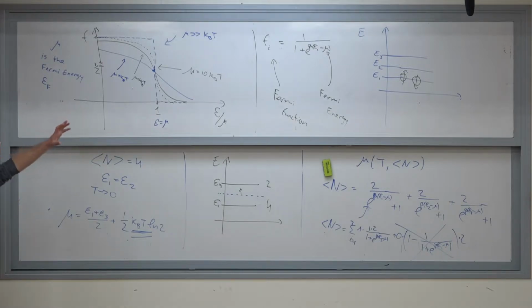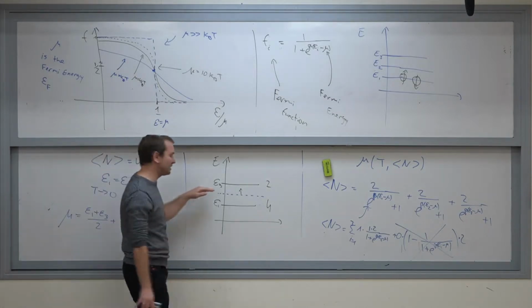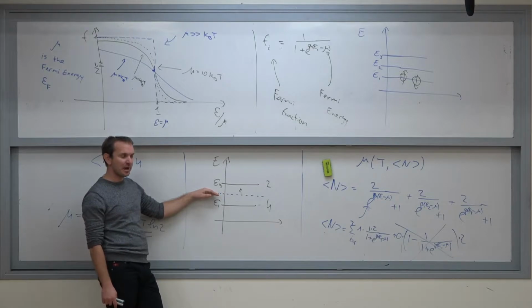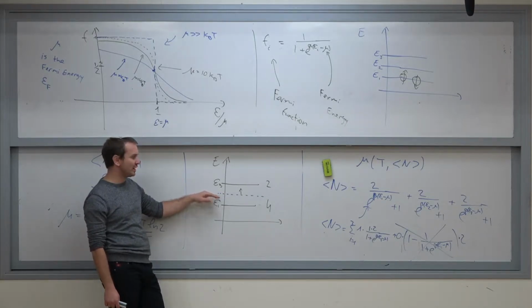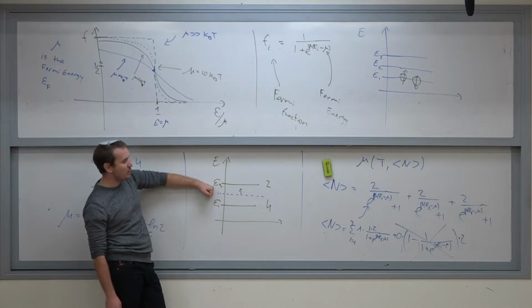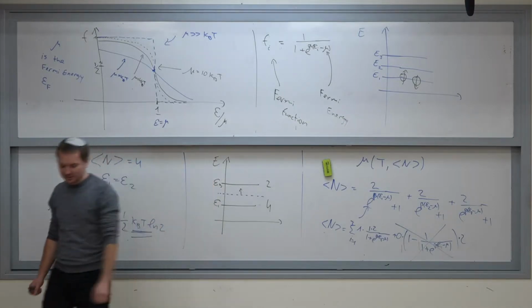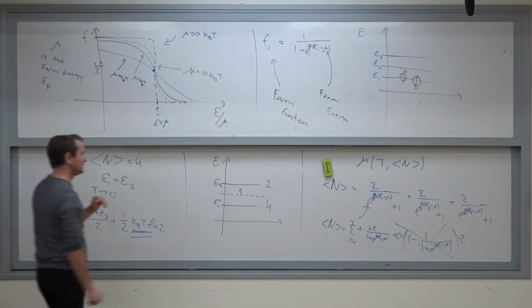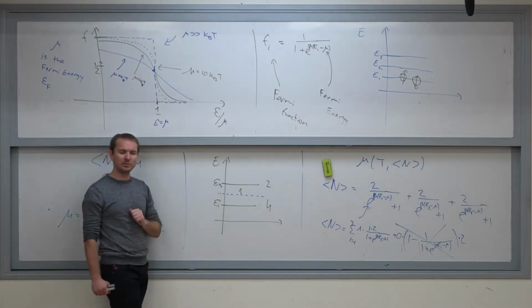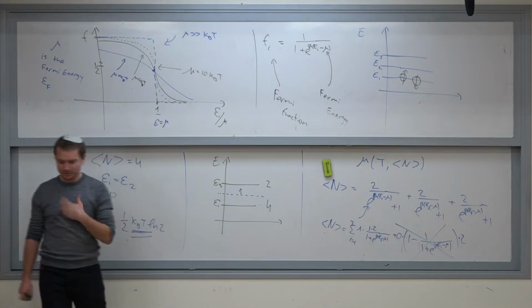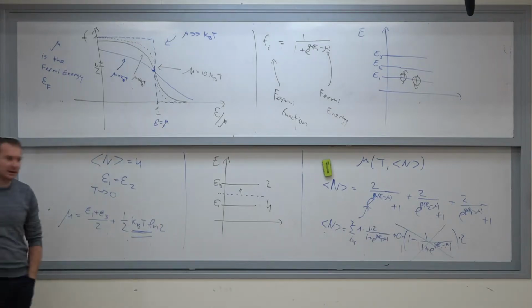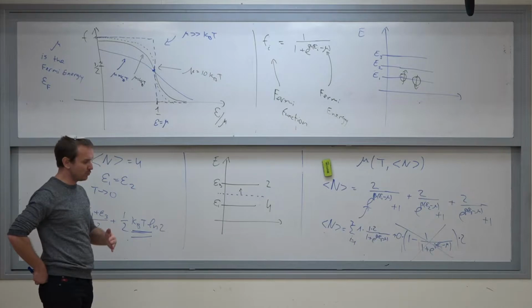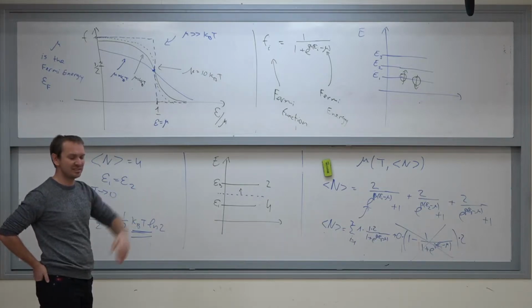So if we have two levels, one is much more degenerate than the other, and the Fermi energy sits between them, as a function of temperature, the Fermi energy will try to move away from the situation where the degeneracy is higher. Okay, this is something pretty general about Fermi energy. It's always trying to escape to the situations where the degeneracy is lower.